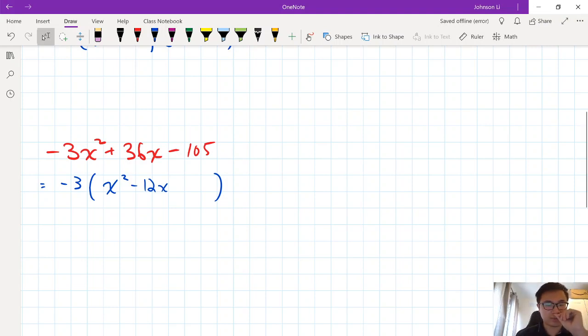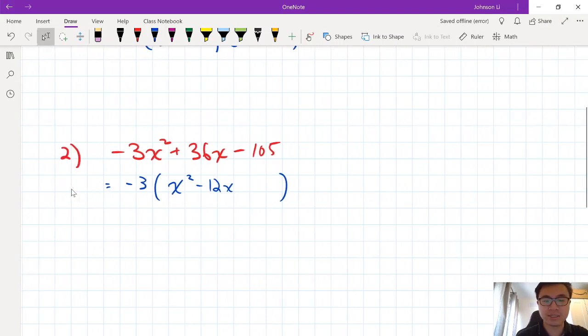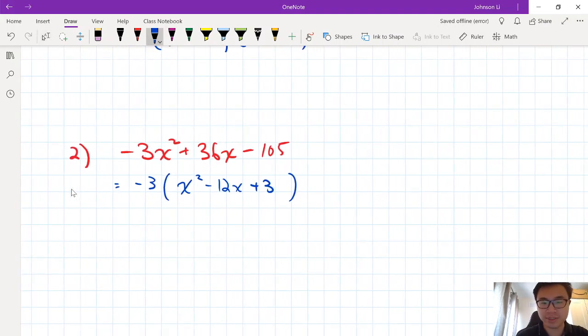Hope you could see that on my calculator. I copy that down and do the same thing. What is -105 divided by -3? Again, I take my calculator, and I believe that gives me a positive 35.